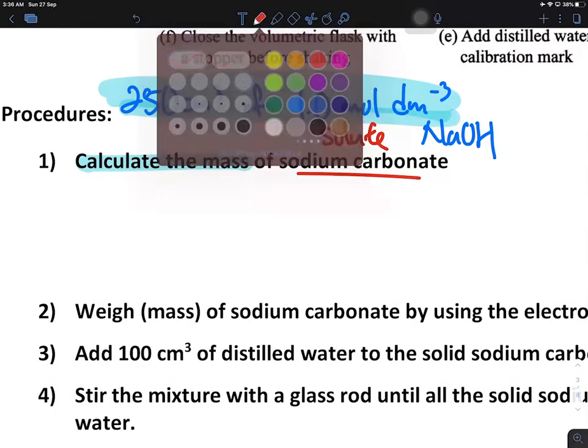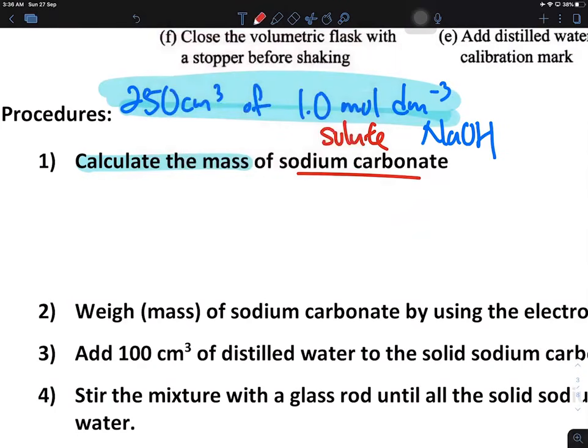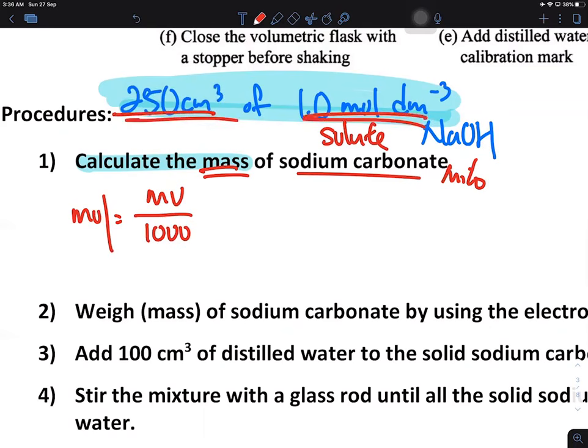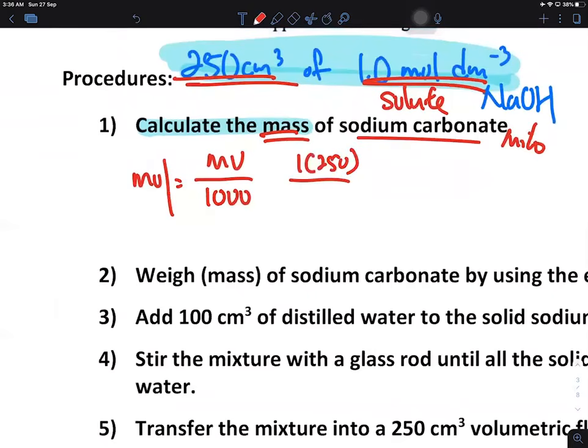So how are you going to start? First, you are going to calculate the amount of Milo powder needed, mass of Milo. How to calculate? By using mole equals MV over 1000. Why this formula? Because they gave you volume and concentration. So you just sub it in. 1 times 250 divided by 1000, you get 0.25 mole.